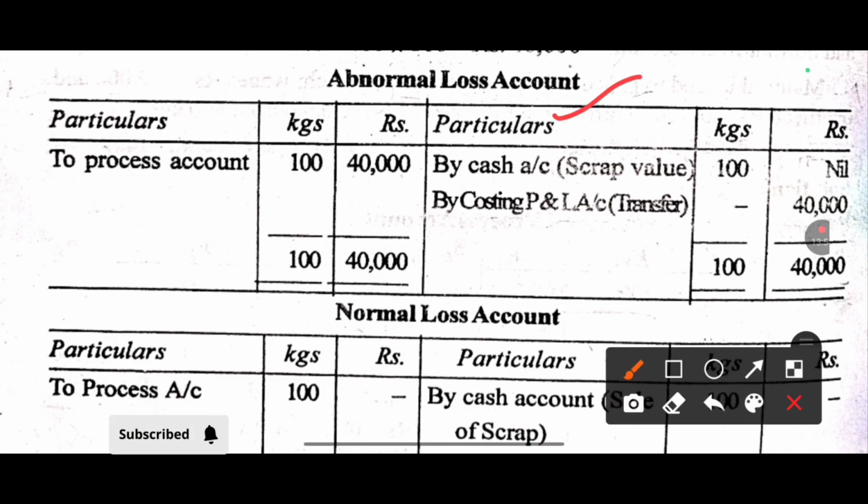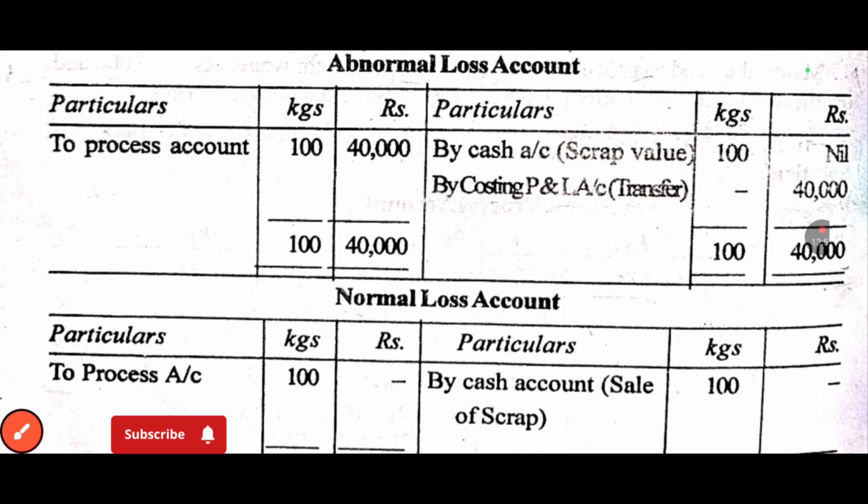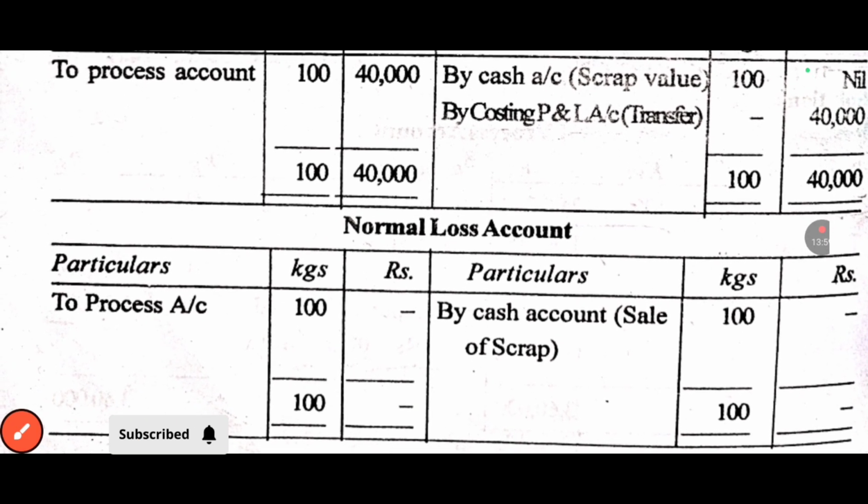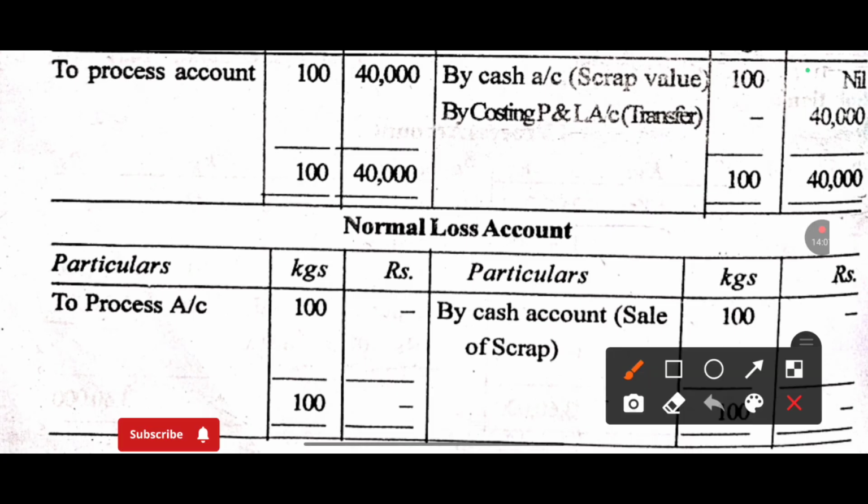Next, we are going to prepare the normal loss account, same format. Where is normal loss appearing in the process account? It appears on the creditor side. Whenever you prepare a separate account for normal loss, if you are transferring values and quantities from the creditor side, it is entered on the debtor side.